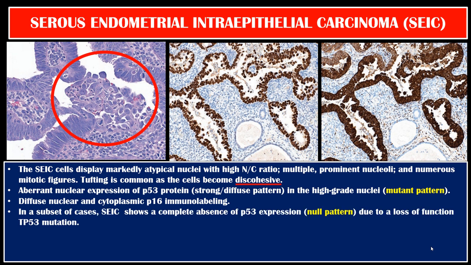However, in a subset of cases of serous endometrial intraepithelial carcinoma, there is a complete absence of p53 expression. It is called null pattern due to a loss of function p53 mutation.